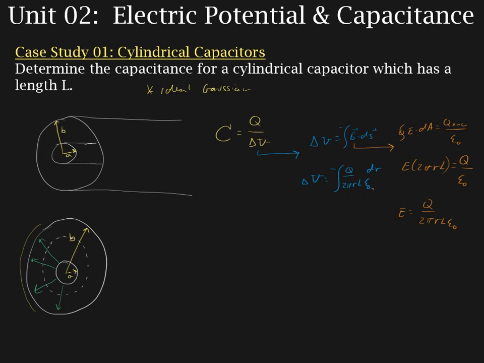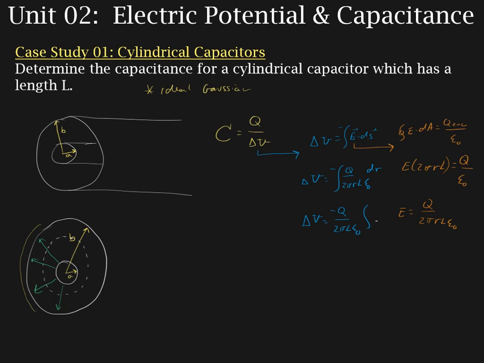And all of this is constant except for the r, so we can pull it outside of the integral sign. So we have delta V is equal to minus Q over 2 pi L epsilon naught times the integral. And now let's set up our limits of integration here. We're going to go from A to B, from the inner to the outer.